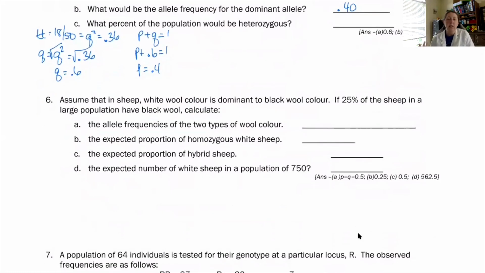So isn't this nice? I don't even have to solve for my homozygous dominant because the question isn't asking for it. So all I have to do is take 2 times P times Q to find my heterozygous. So 2 times my P, which I found to be 0.4, times my Q, which I found to be 0.6, that's going to give me 0.48.